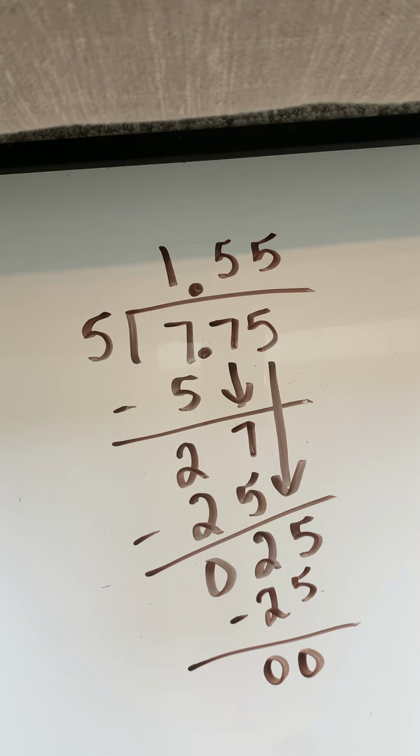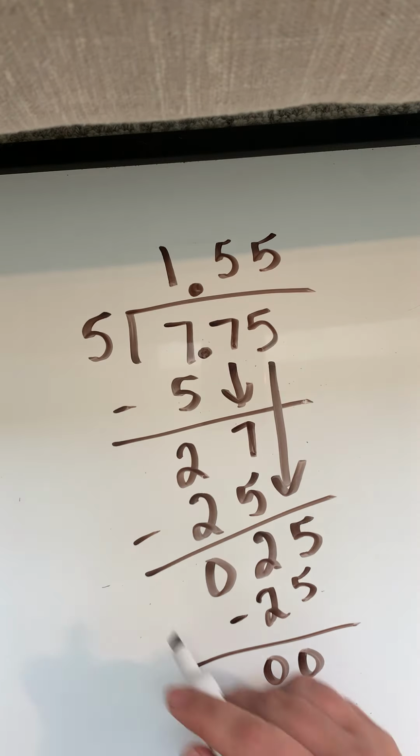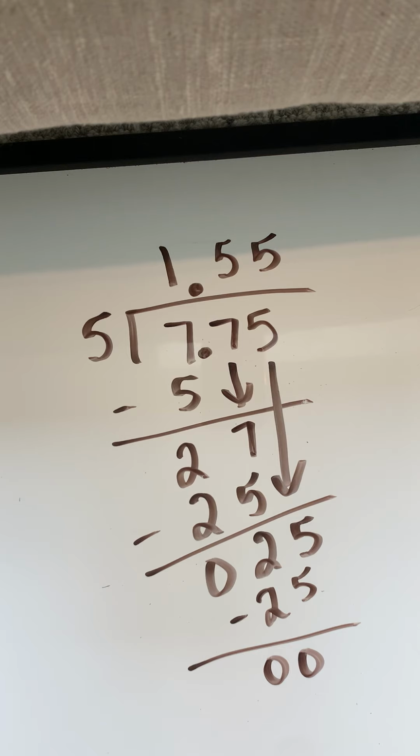Am I at 0 now? I sure am. So if you look at page 56 and page 57 in your textbook, they're basically walking you through the steps that we did here for our standard long division with decimals.